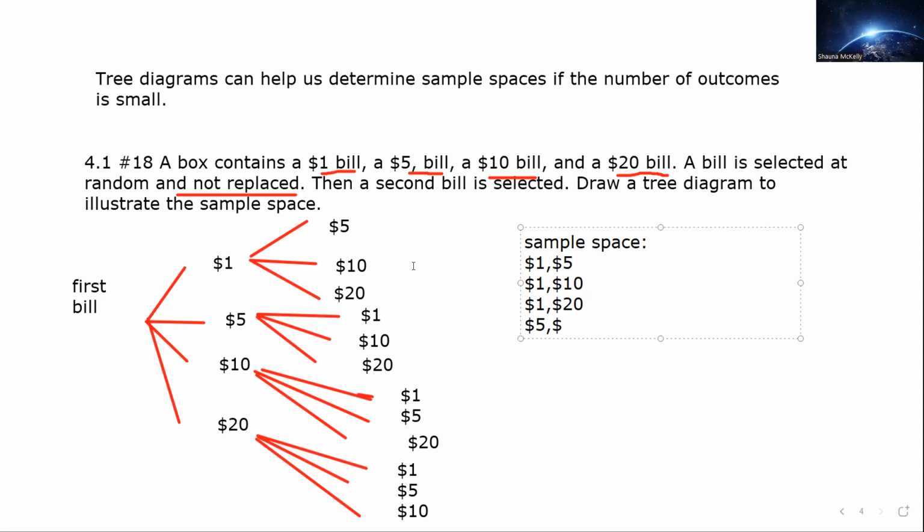Then I have $5 and $10, and $5 and $20, right?